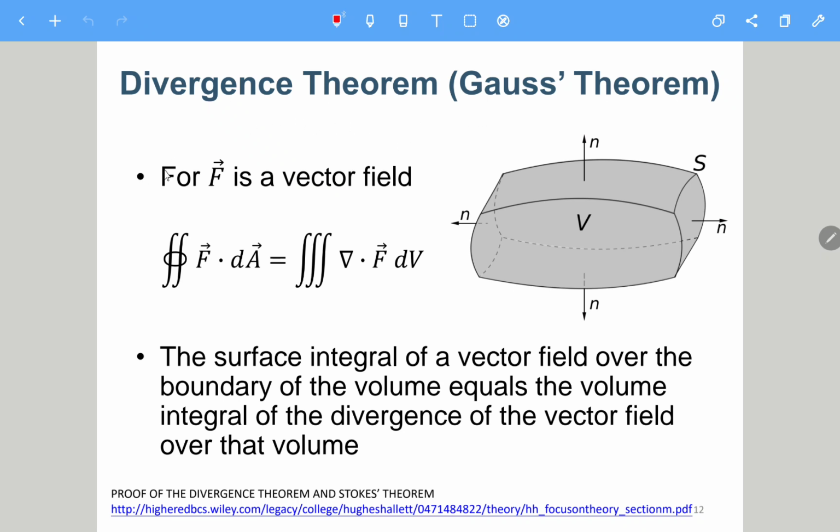The Gauss Theorem or the Divergence Theorem is written like this. On the left side, suppose we have a vector field F. The left side is the closed surface integral of F dot dA. In this case, it is similar to what we get in the Gauss Law.